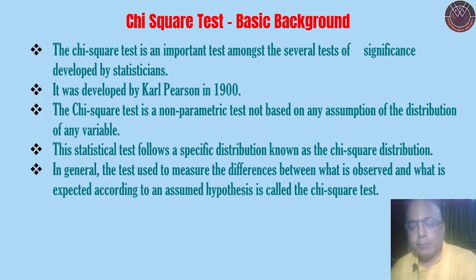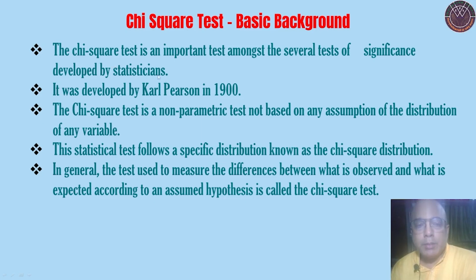Suppose those who are in support of a particular idea, how many are in favor, how many are not in favor, how many are indifferent. So in that particular type of case also you are using chi-square test.